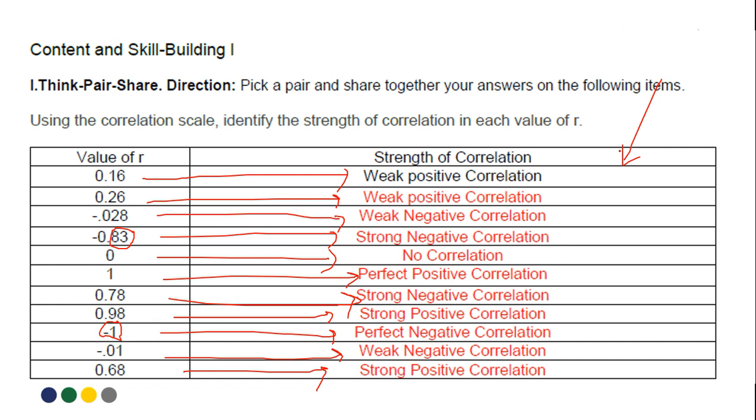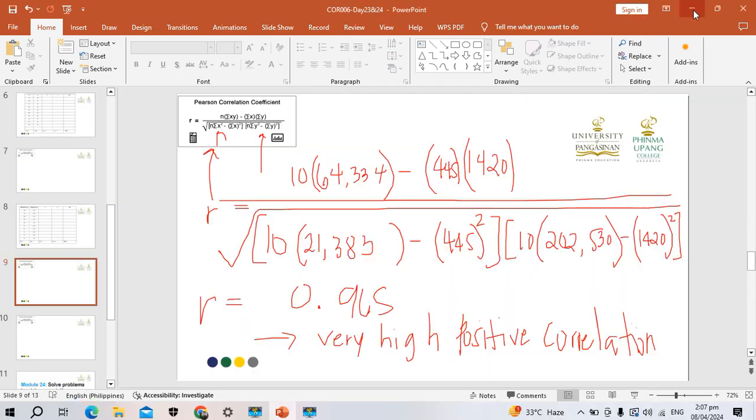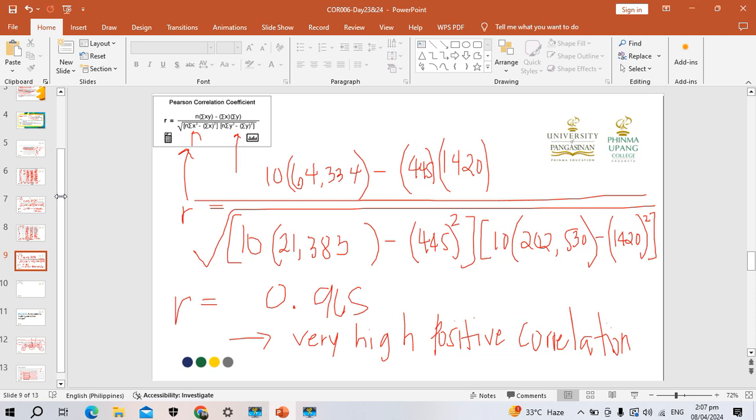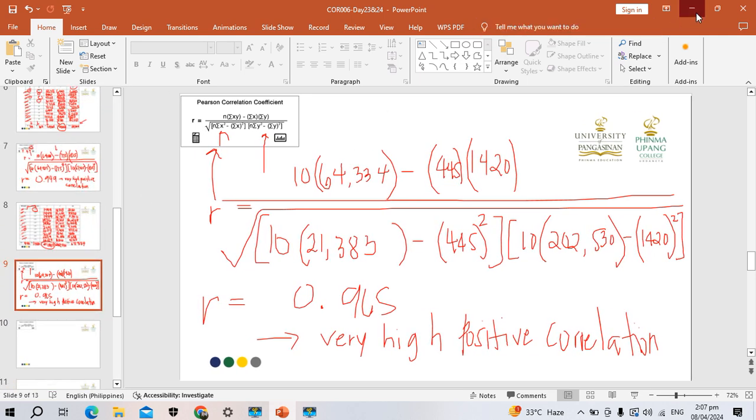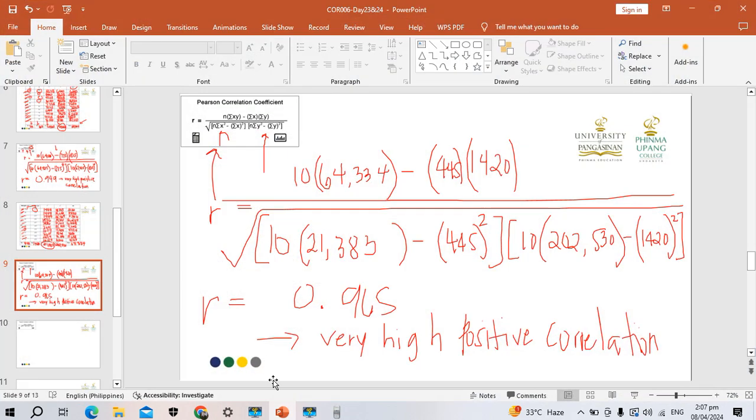Sir, nag-e-error po yung sagot namin pag kinukuha po namin yung R. Ah, okay. Dito ba? Wait lang. Turuan ko kayo paano po yan.